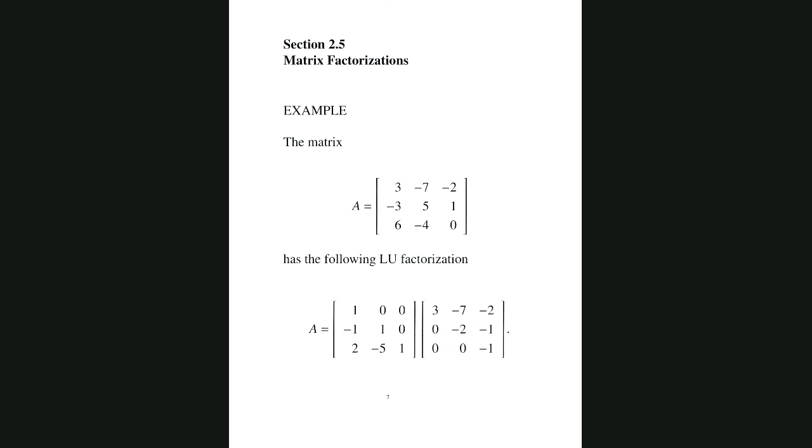So right now we're taking it on faith that the matrix A has this following factorization, L times U. And what do we notice above the diagonal here?